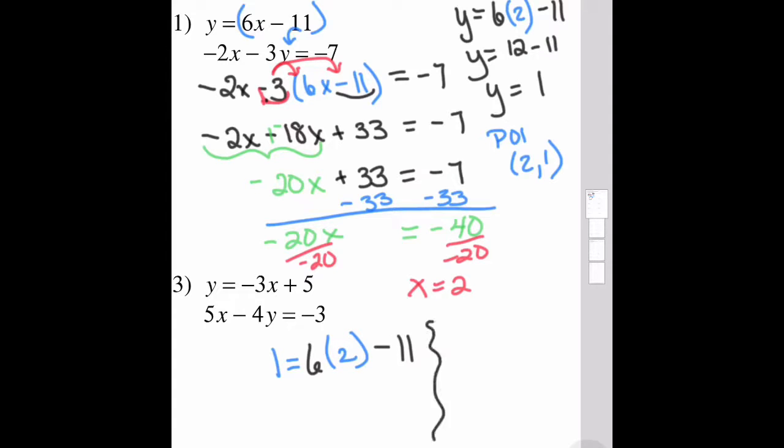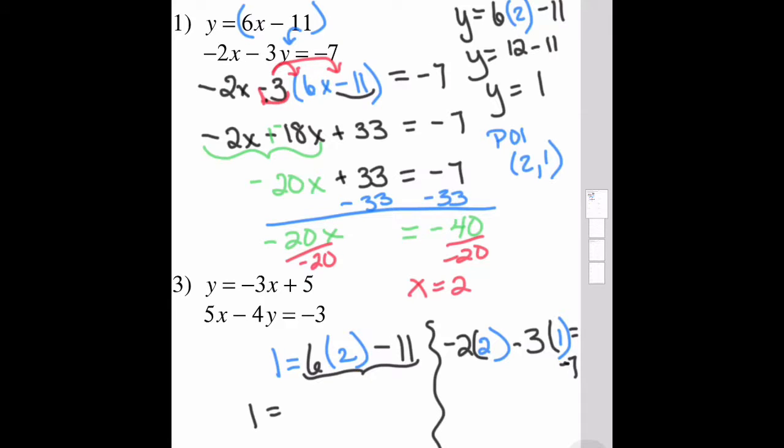And then my other equation is negative 2 times 2 minus 3 times the y, which is 1, equals negative 7.